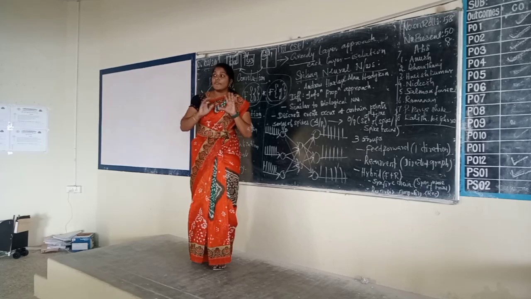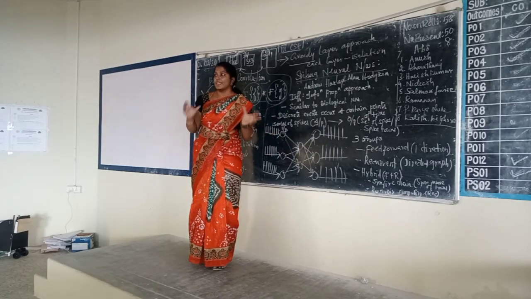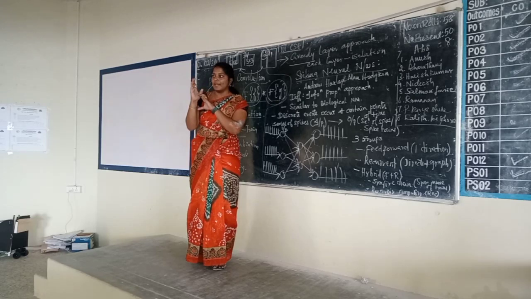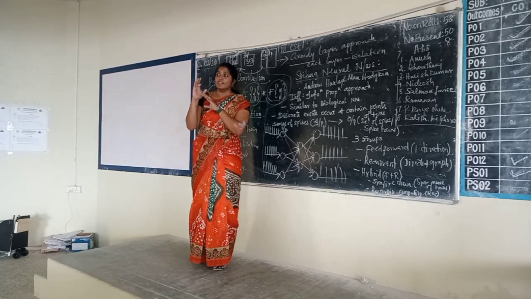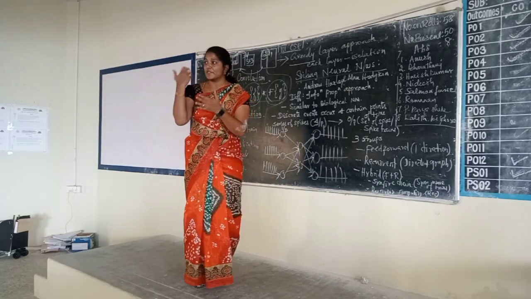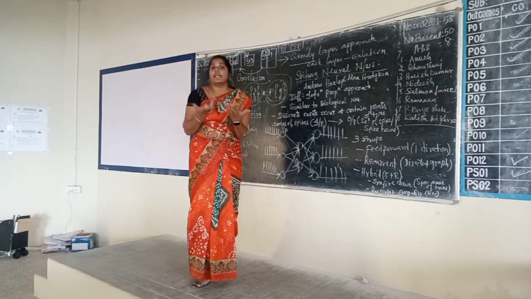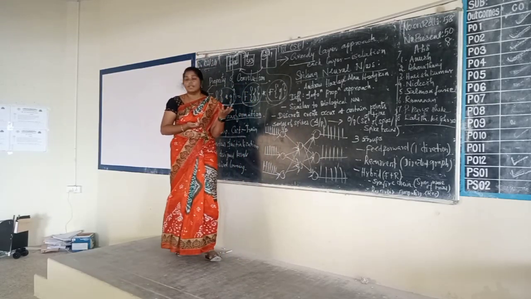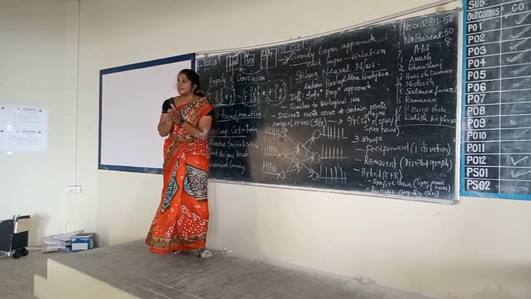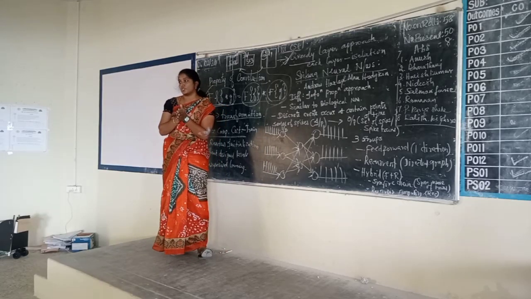So instead of taking everything at once, each and every layer, the first layer will be trained, then the next one. Likewise, each one will be trained separately, then on the whole we will get a model. That is the concept of the greedy layer approach.